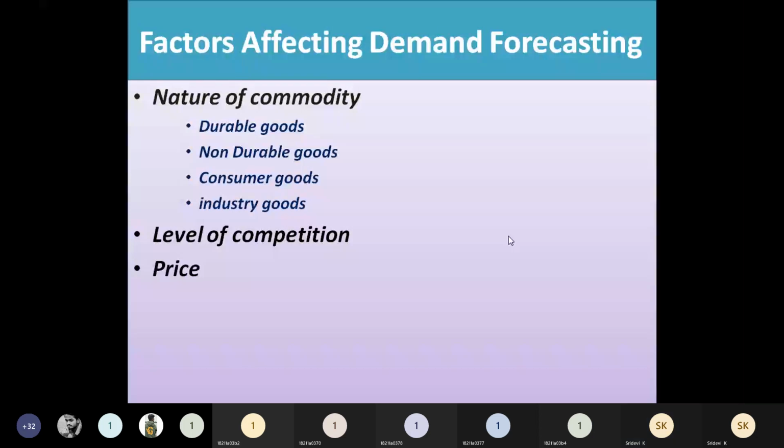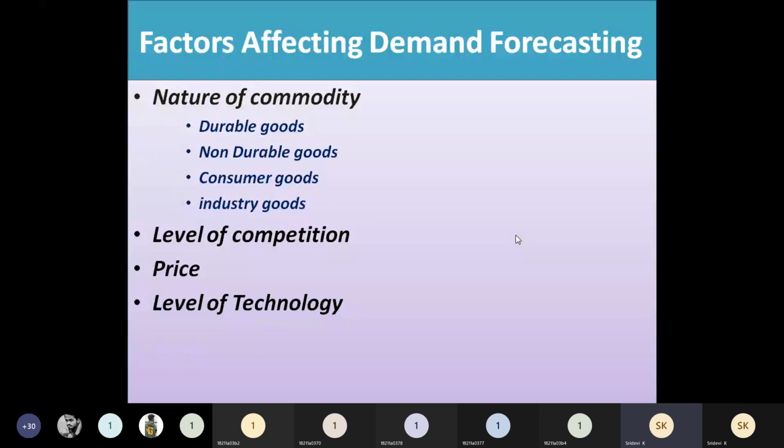Okay. And what is your price also, level of price? Whether it is a small price, like 10 rupees, 20 rupees product, then no need to worry. It won't affect the sales, no? So if it is a lakhs of rupees product which you are producing, that will affect. So in such case, demand forecasting is compulsory.